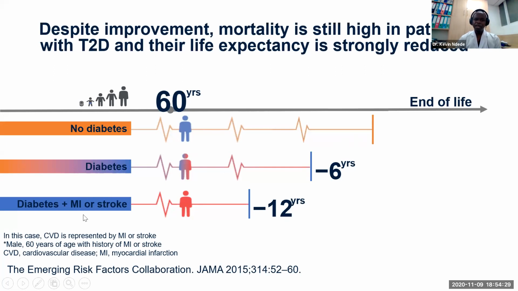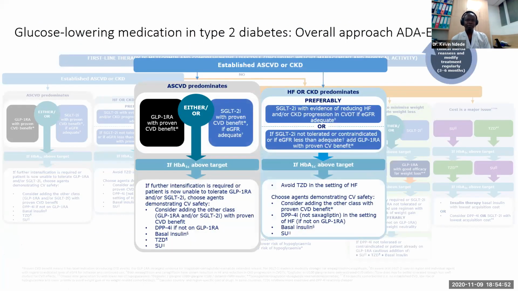So a combination of diabetes, myocardial infarction or stroke subtracts another 6 years from the lifespan of diabetics. So indeed, it is important that we initiate and intensify treatment early so that we avoid these risks of a shortened lifespan. So how do we do this?